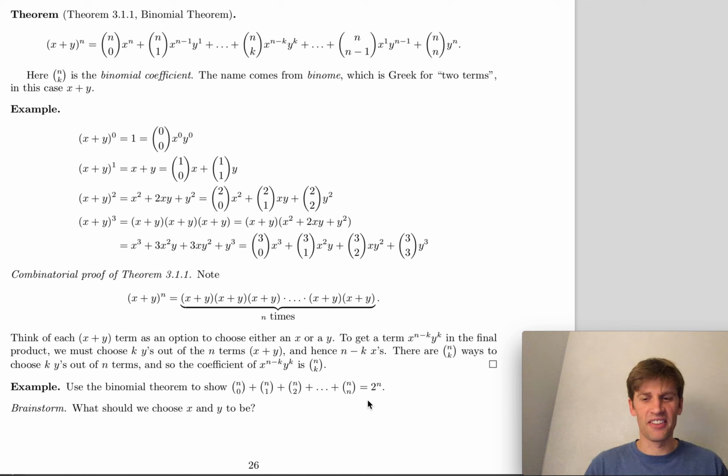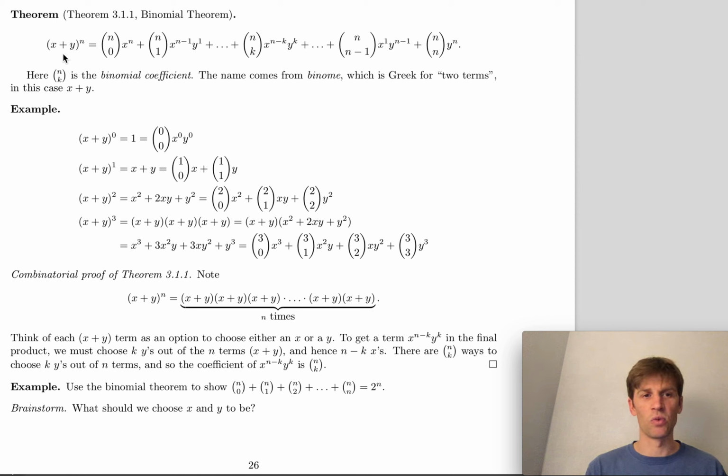However, this formula that we had before is an immediate consequence of the binomial theorem. We just need to choose x and y creatively, plug in specific values for x and y, and this formula will pop out. A choice that you can make for x and y is to choose them both to be 1 in our binomial theorem.